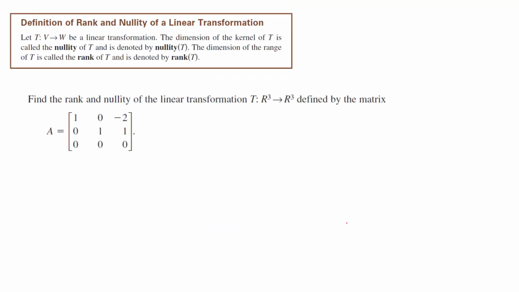So now that we defined the nullity and rank of T, let's go over one example together. The question says, find the rank and nullity of the linear transformation T that maps the 3-space to the 3-space defined by the following matrix. This 3 by 3 matrix: 1, 0, -2, 0, 1, 1, 0, 0, and 0.